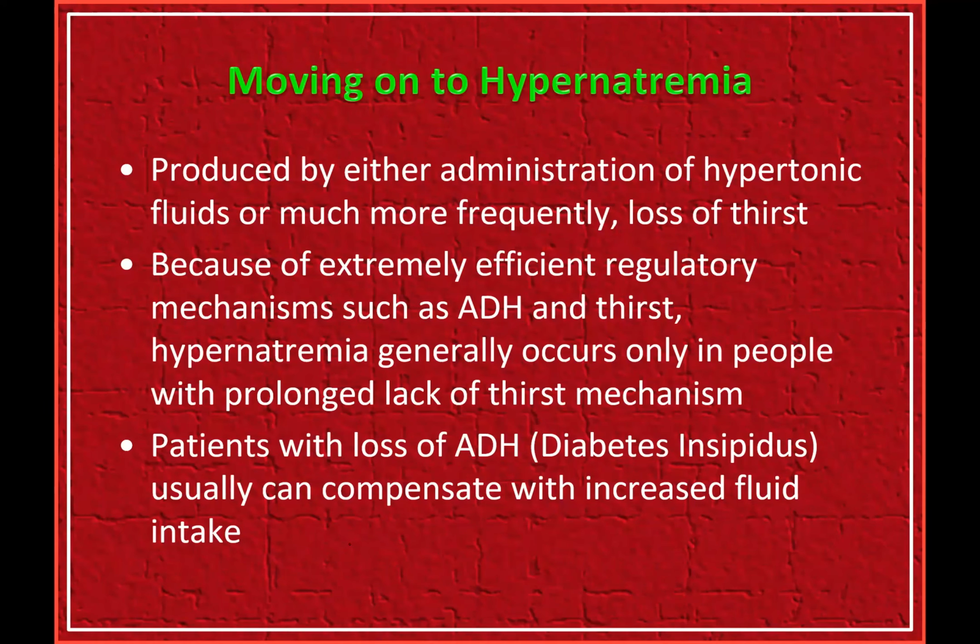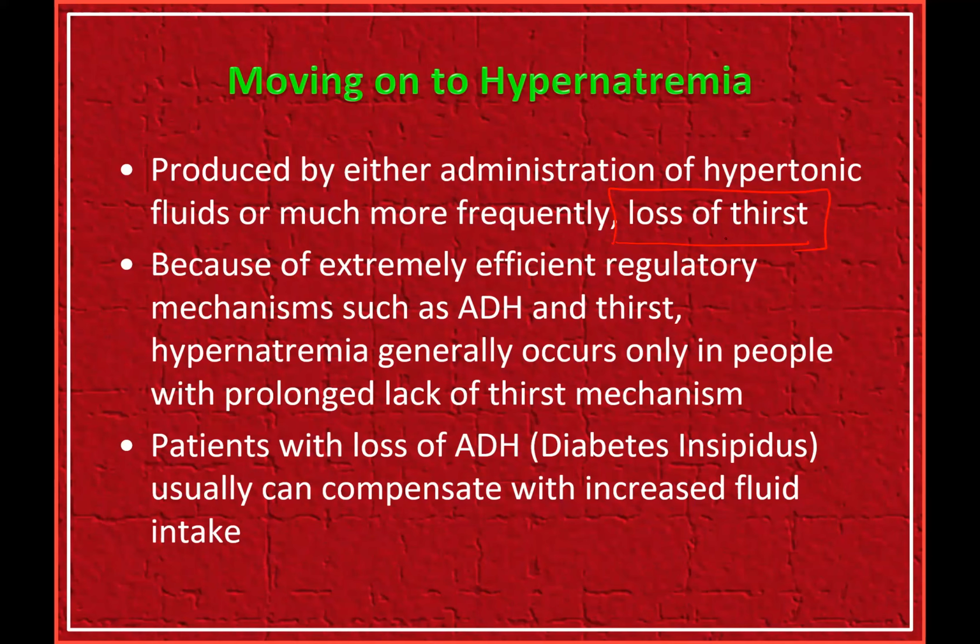Moving to hypernatremia. Hypernatremia is produced by either administration of hypertonic fluids or much more frequently by loss of the thirst mechanism. So what will happen? Normally, whenever the tonicity in the blood is rising, the thirst center is stimulated and we are asked to take water.